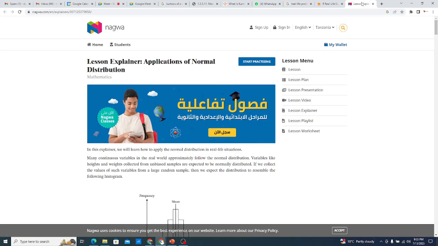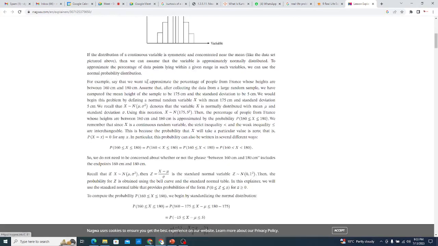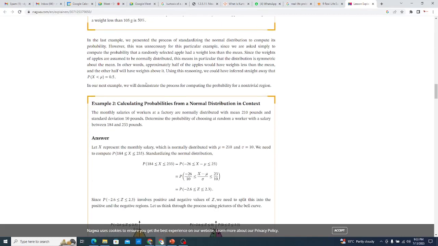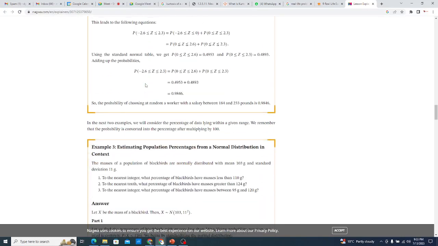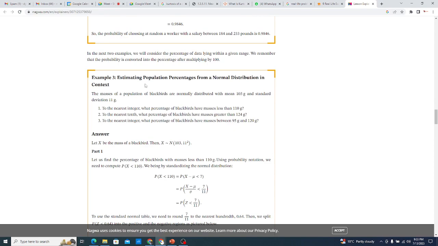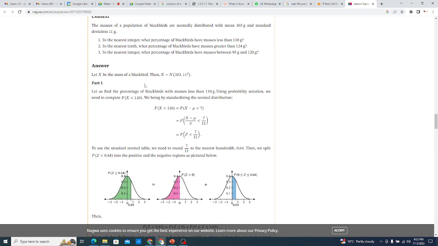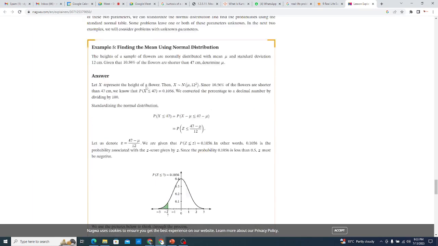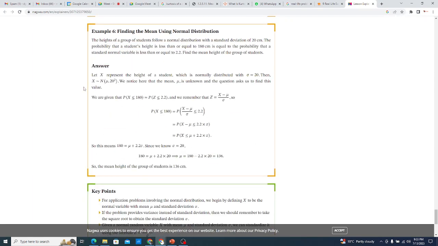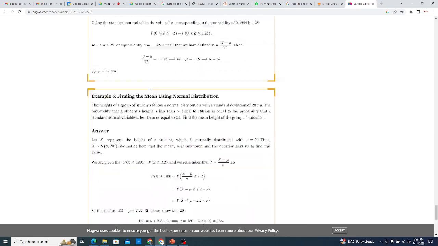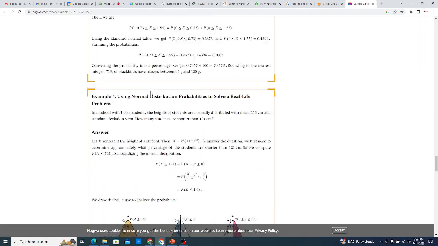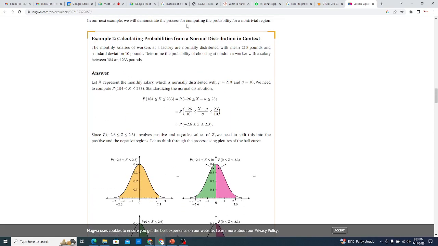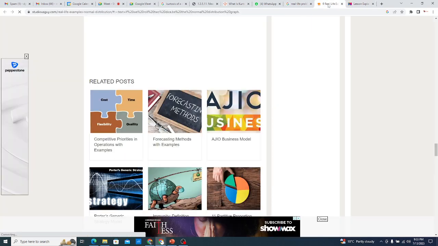Okay, but no worry. I will also do an example that will help you to calculate normal distribution. Otherwise, you can learn a lot. You can even go the extra mile and learn in depth about normal distribution, since I've just given an overview.